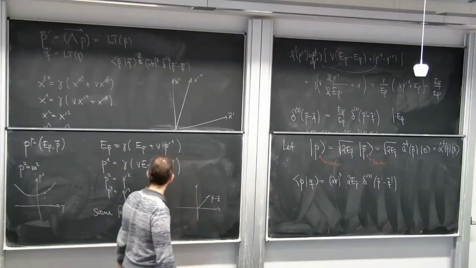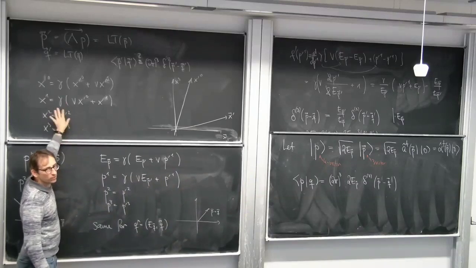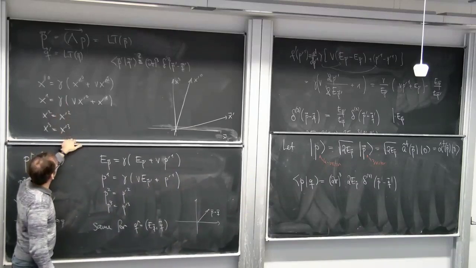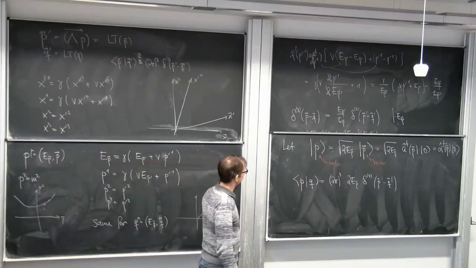But you could also write the general transformation, which is very complicated. You can derive this in different ways.